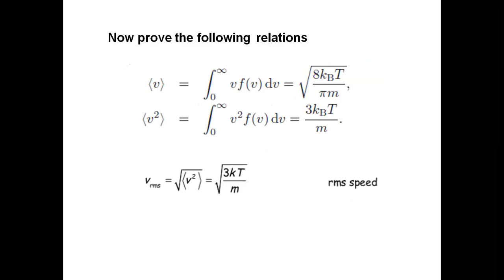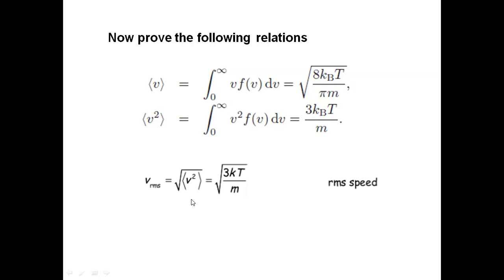Now we want to prove the following relations. The average speed is equal to the integral from 0 to infinity of v f(v) dv, which equals the square root of 8 k_B T over pi m. And also we need the mean square velocity, the integral from 0 to infinity of v square f(v) dv, and this is equal to 3 k_B T over m.